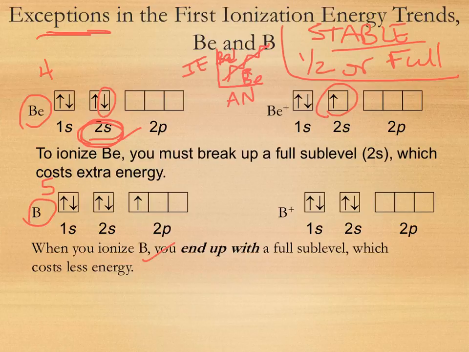So beryllium requires a little bit extra energy. Boron, on the other hand, has this lone valence electron, and so it's much easier to remove that, because by removing that single 2p electron, we're left with a full 2s sublevel.